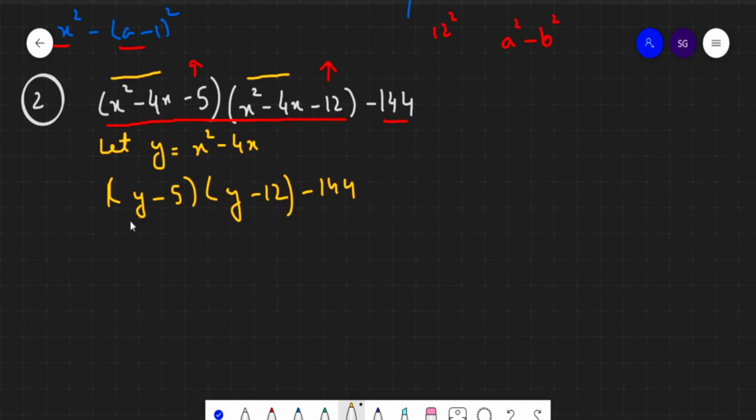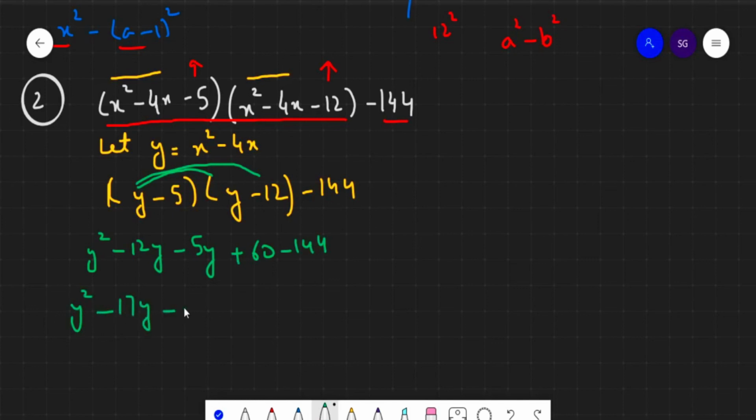Right, so this is definitely quite an easier version of the same question by this substitution. And now we expand that, and you know how to expand two brackets. So this is y squared minus 12y and then minus 5y plus 60 minus 144, and then you collect the like terms, y squared minus 17y minus 84.